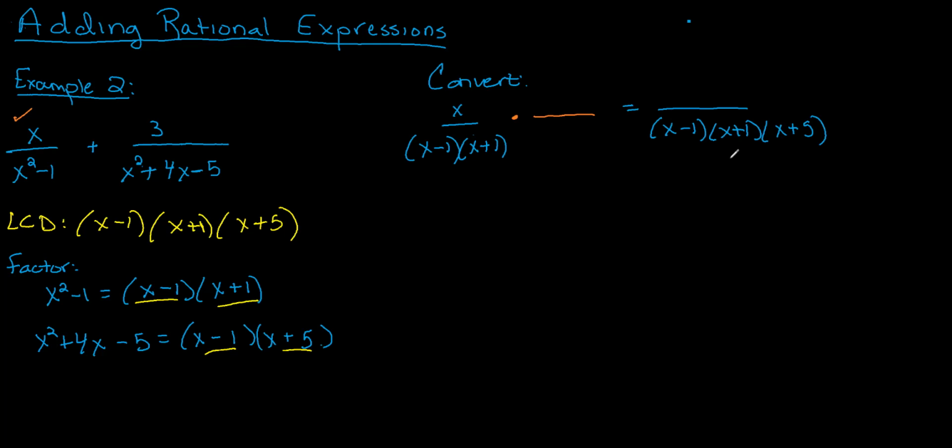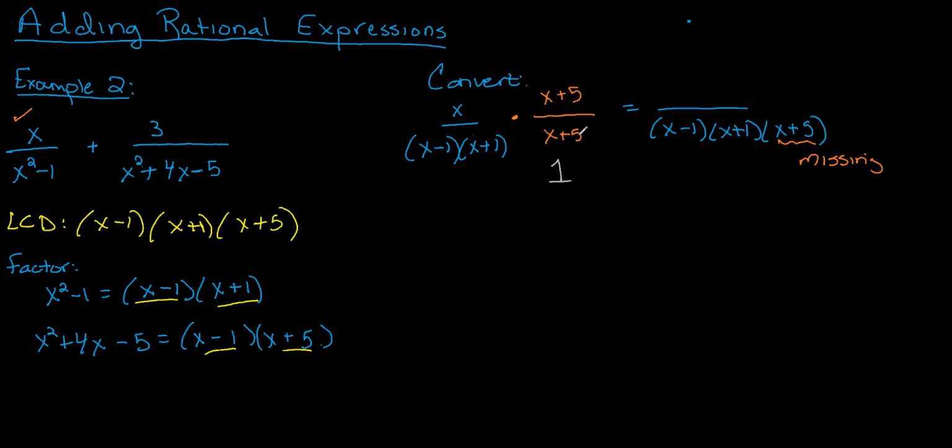So you see, by working with things in factored form, I can really see what's missing. This x plus 5 was my missing factor, so that's what I needed to multiply by. I'm going to multiply top and bottom. Remember, when you have the same thing top and bottom, that's like a giant 1, and multiplying anybody by 1 doesn't change the value, just changes the appearance.